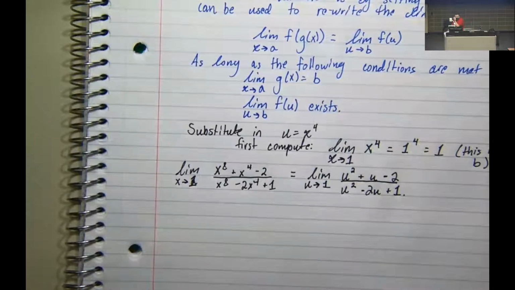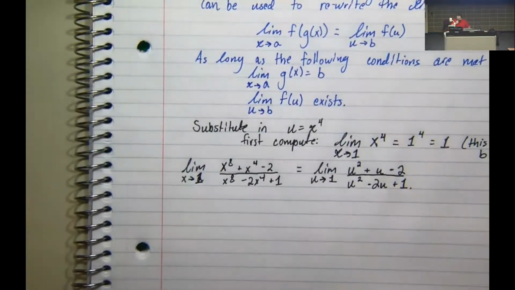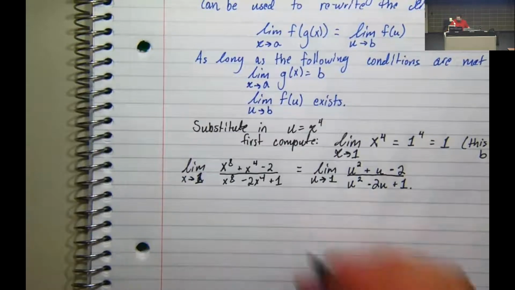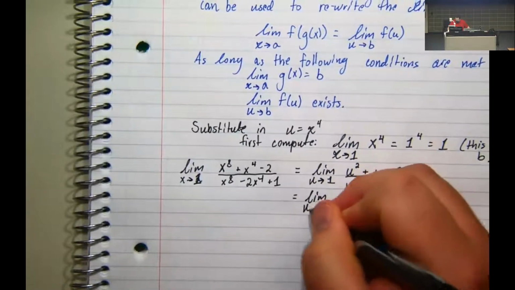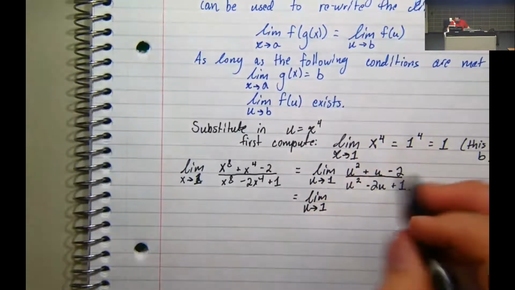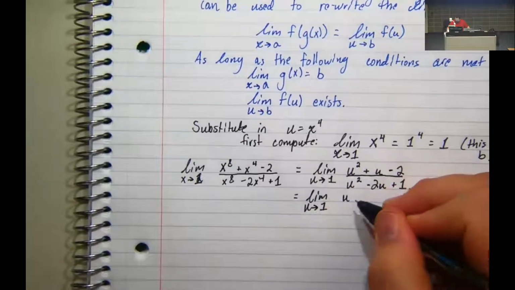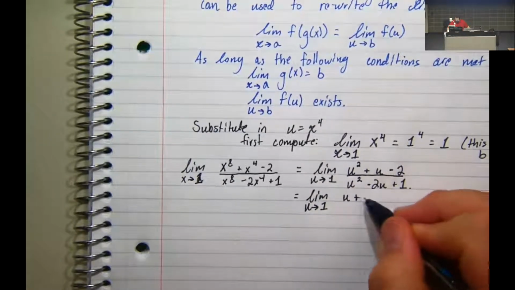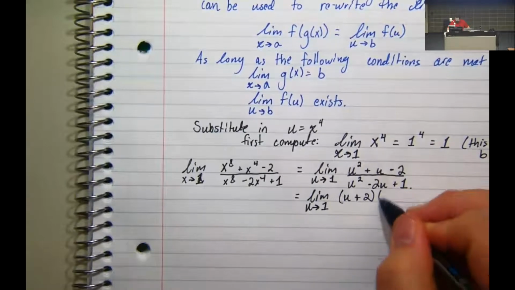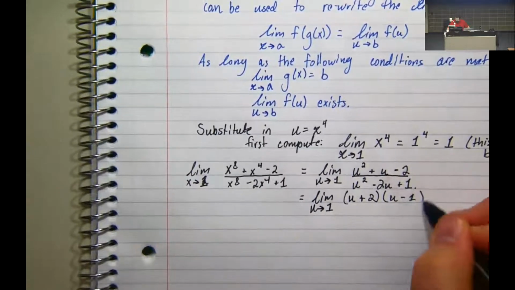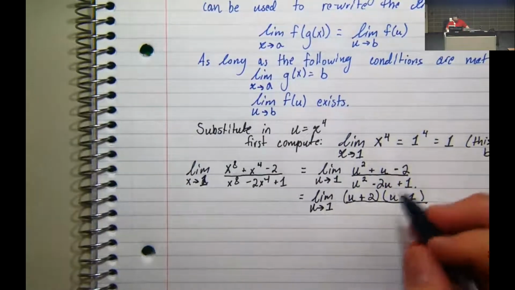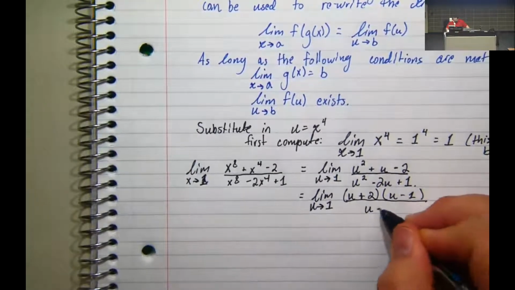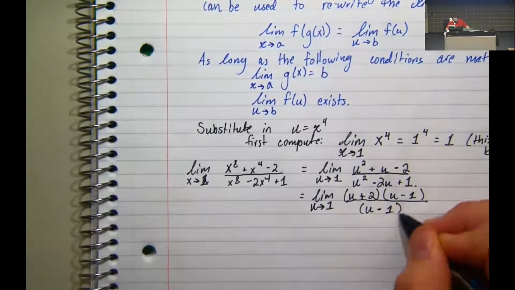Okay, so we've done the substitution, and now we're like, okay, these are trinomials. We know how to factor those. So we're going to go ahead and factor that. So this is equal to the limit as u approaches 1 of u plus 2, u minus 1, and this is going to be u minus 1 squared.